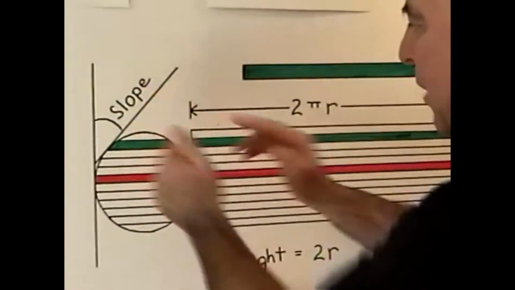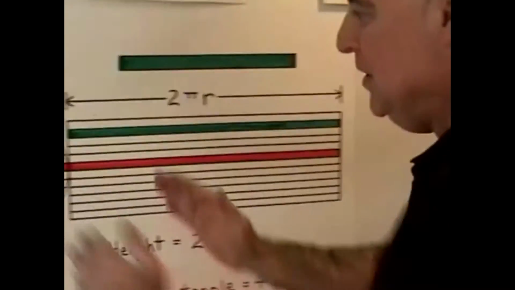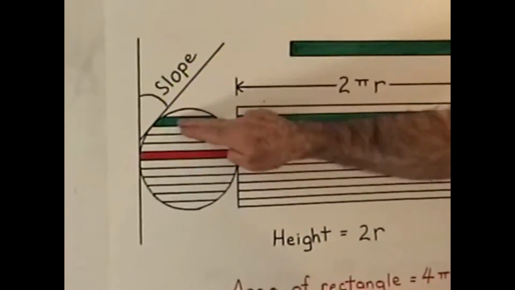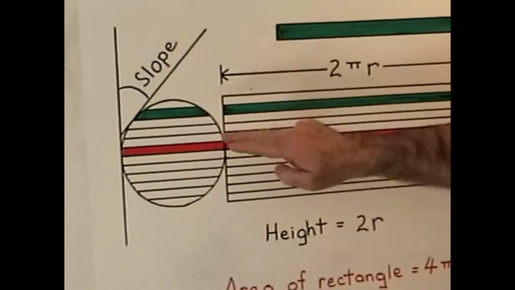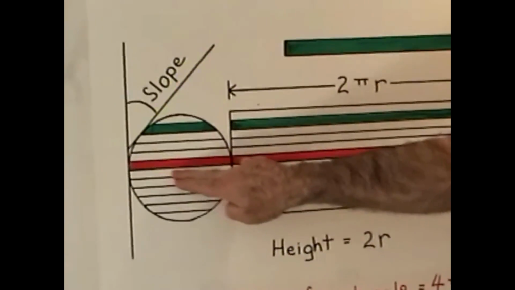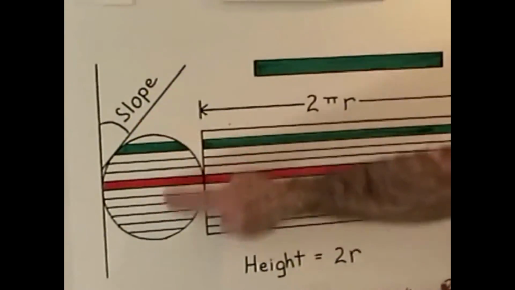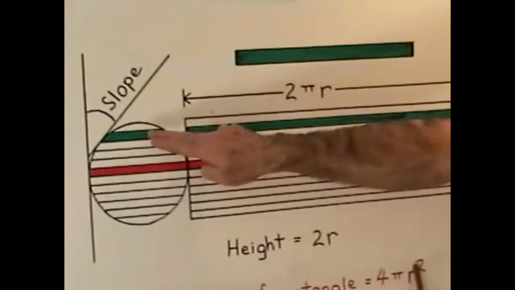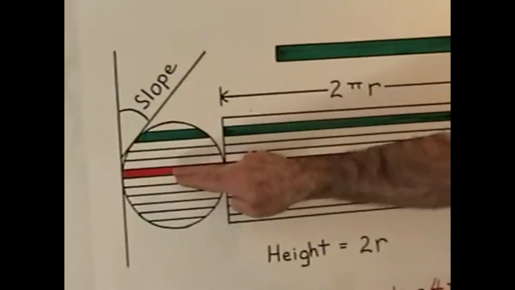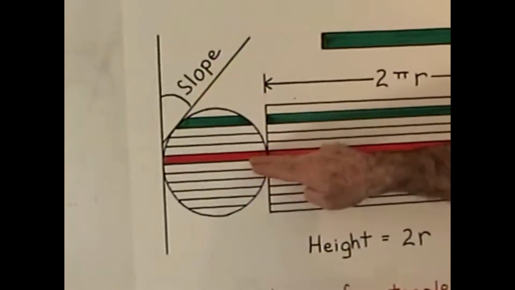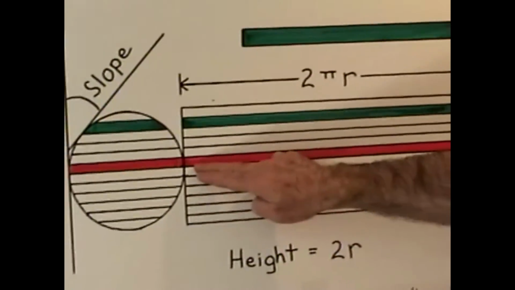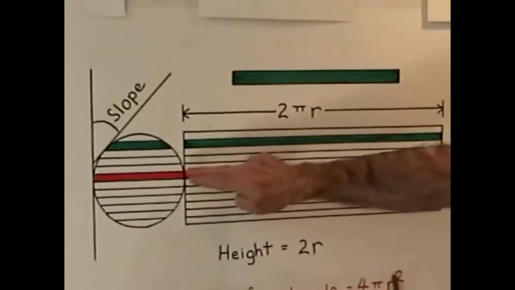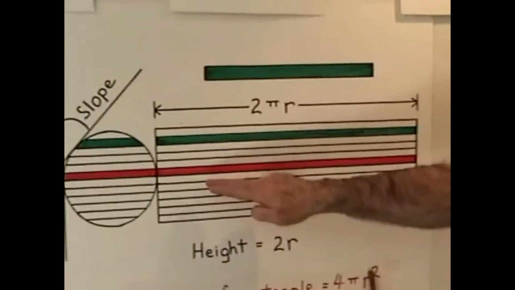And the amount that it's taller perfectly compensates for the amount that it's not as long, so the area of this part of the sphere equals the area of this red part of the sphere. In fact, all of these stripes on the sphere have equal areas. So the surface area here equals the surface area here, which also equals the area on the rectangle over here, because it's the same height as here, and it's the same length.